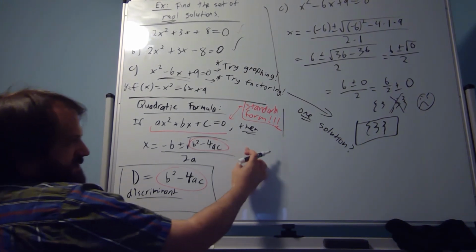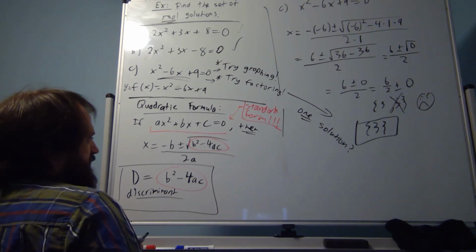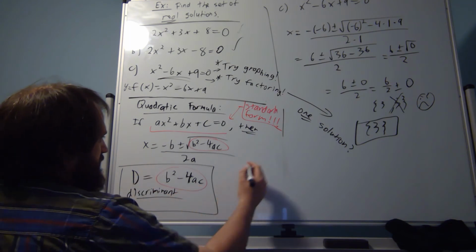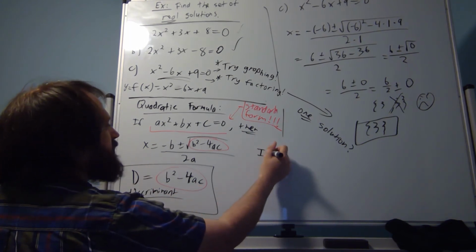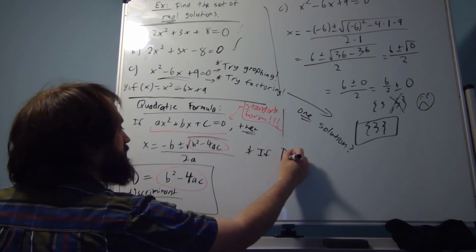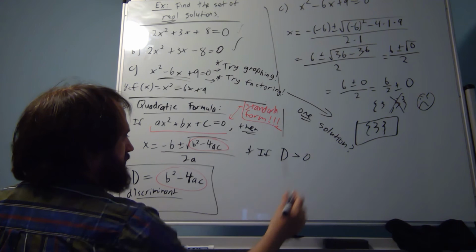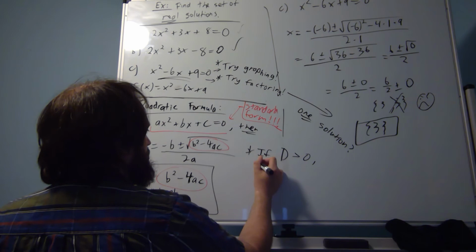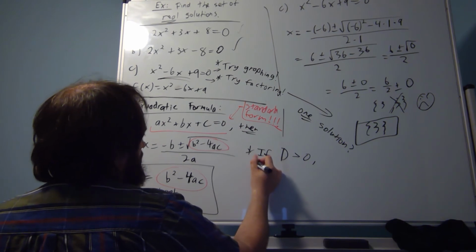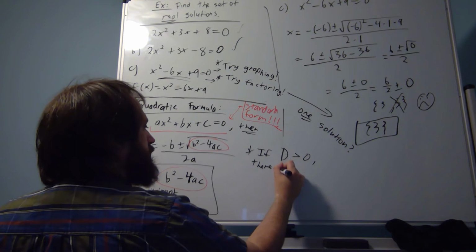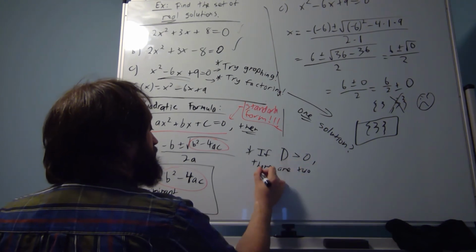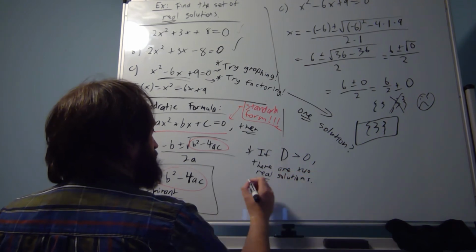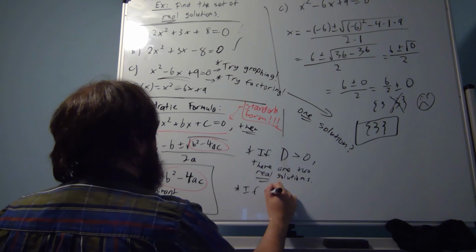Because here are the solutions. They might be real numbers, they might not be real numbers. And there might be just one solution, or there might be multiple solutions. So the most typical one for applications is if the discriminant is bigger than 0. This one is extra special.